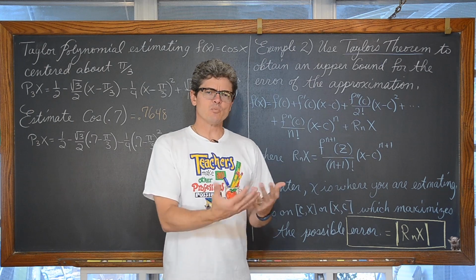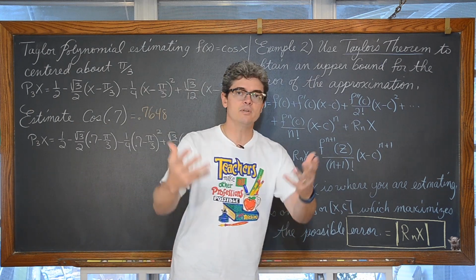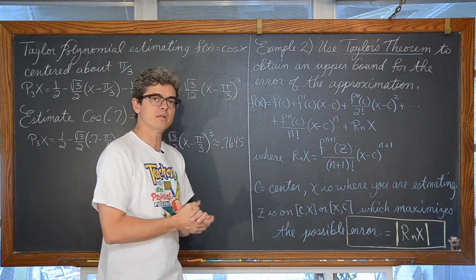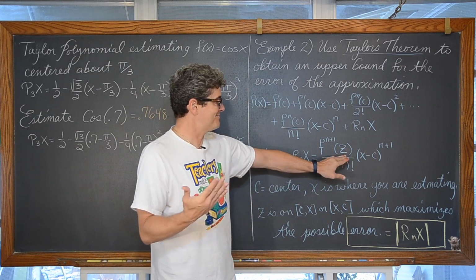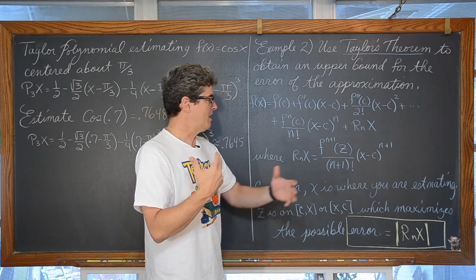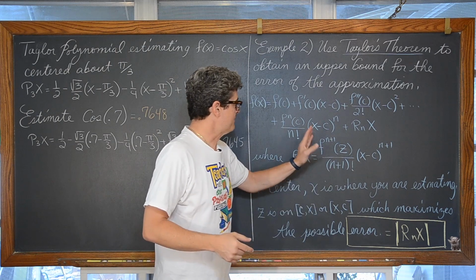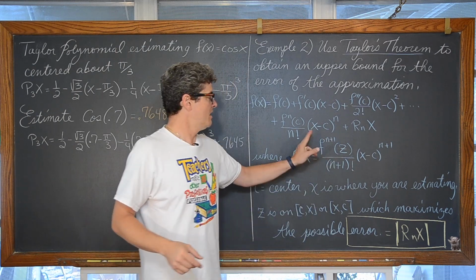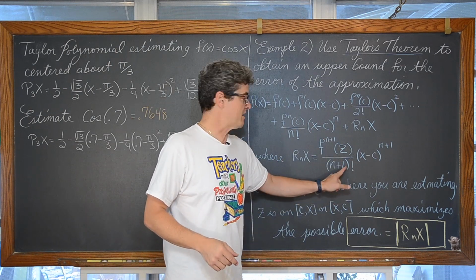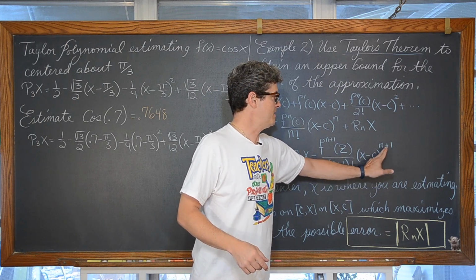I did some research as I was prepping this lesson and making these Calculus 2 videos for you guys, and hopefully maybe someday being able to teach at my high school, because I really did not understand where the c, or the z value, came from. So every book uses different notations, but I finally got it cleared up, and here we go. We have the n plus 1 derivative of f of z over n plus 1 factorial times x minus c to the n plus 1 power.